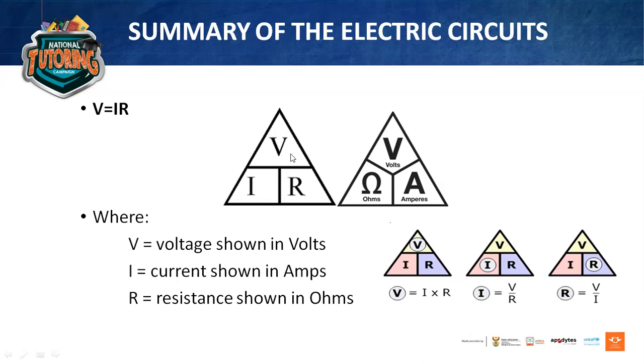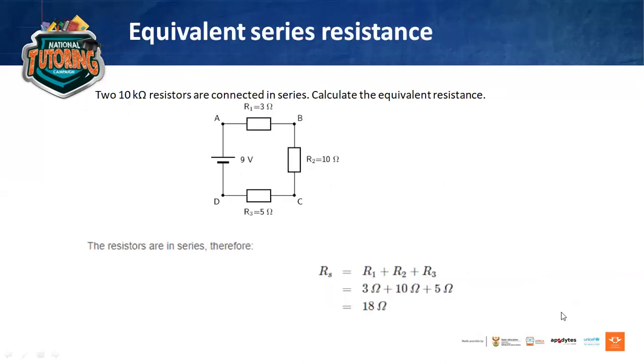And what would be your voltage? Your voltage is equal to current times resistance. Do you see how simple this is, guys? This is just a simple way you can find your equations without struggling too much. There you have it in these triangles. This is how you would do it.